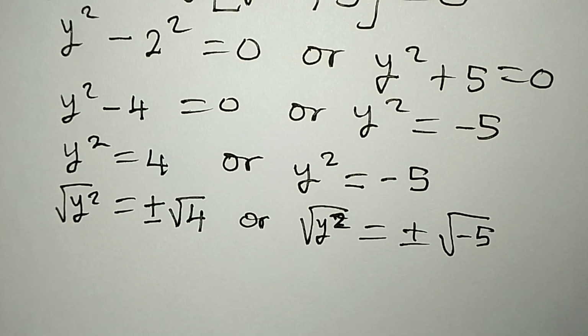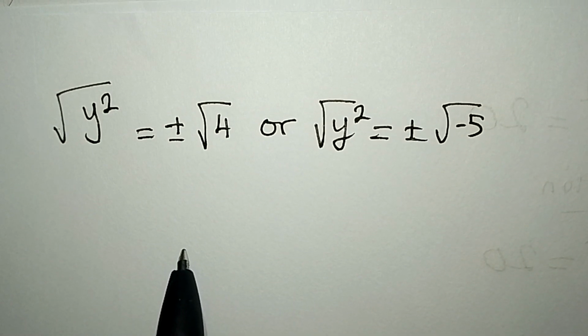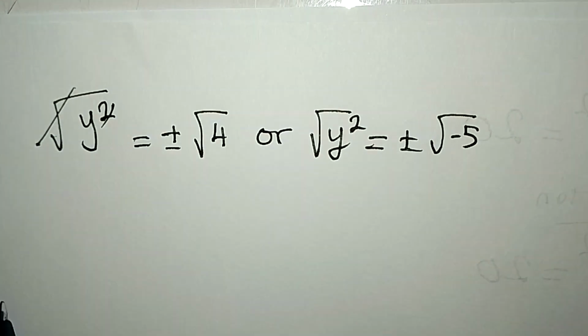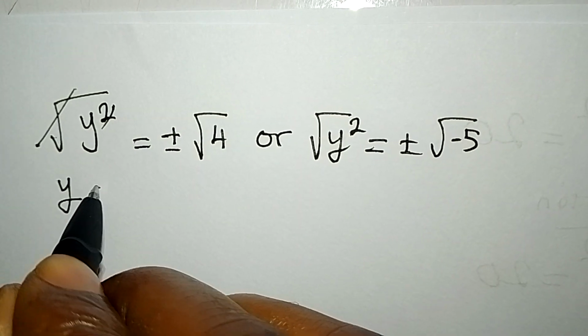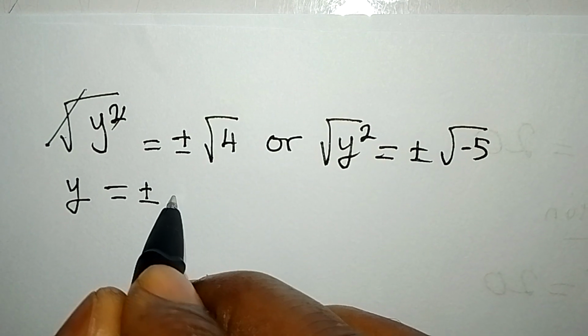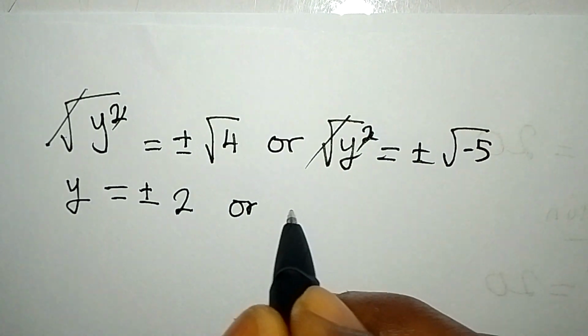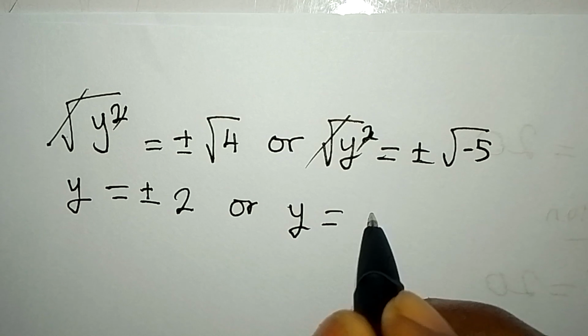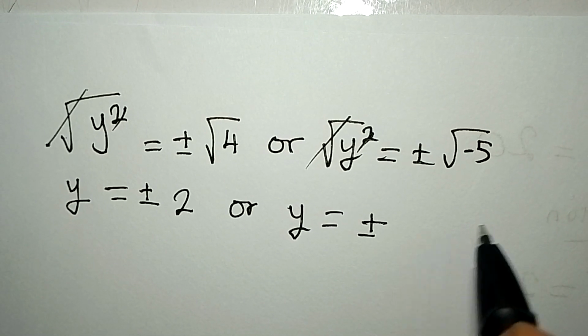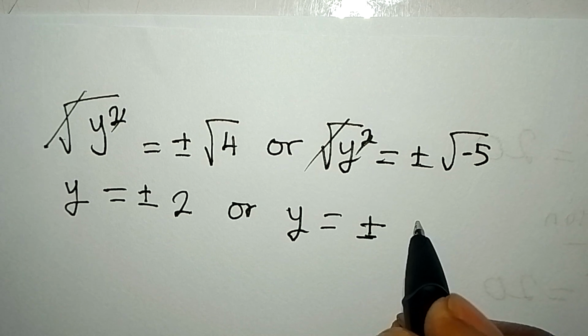Now, what do we do from here? This and this can cancel. So y is alone and is equal to plus or minus square root of 4, and that is 2. Or on this side, y is equal to plus or minus square root of negative 5.